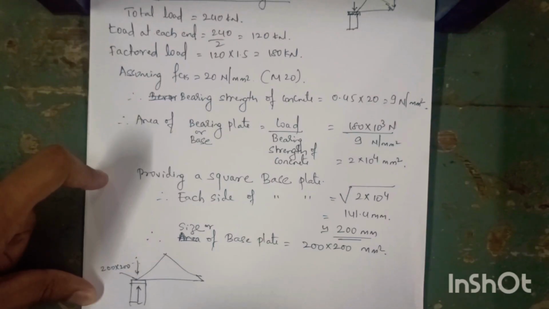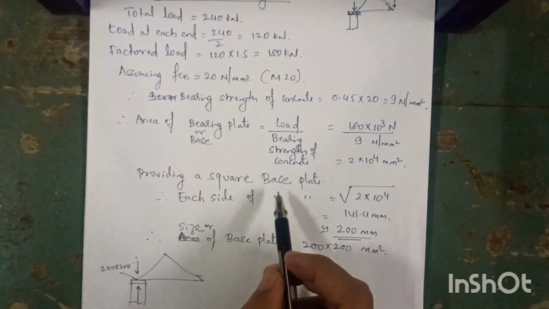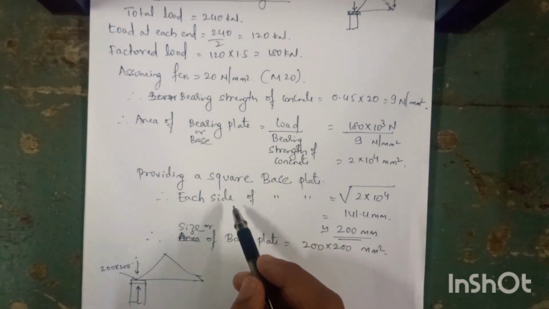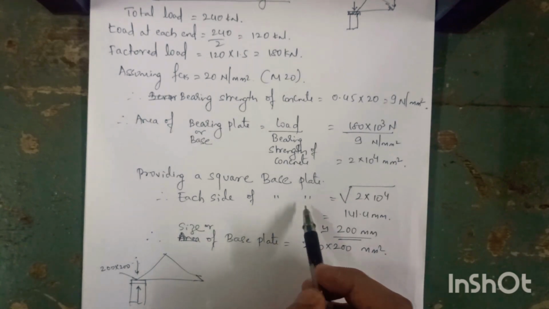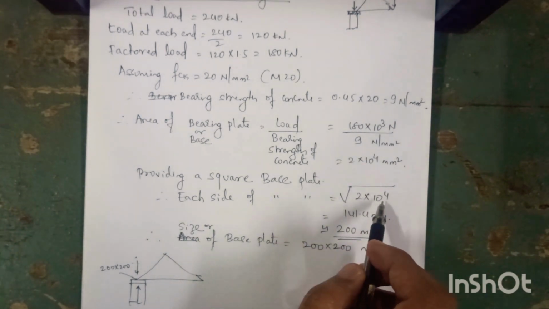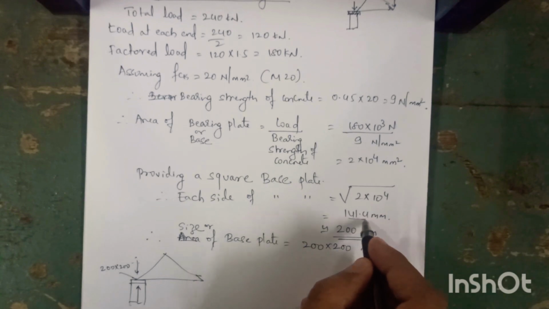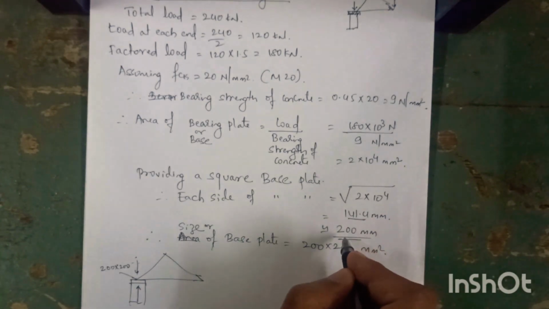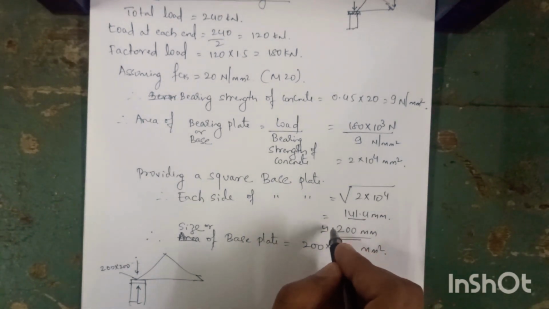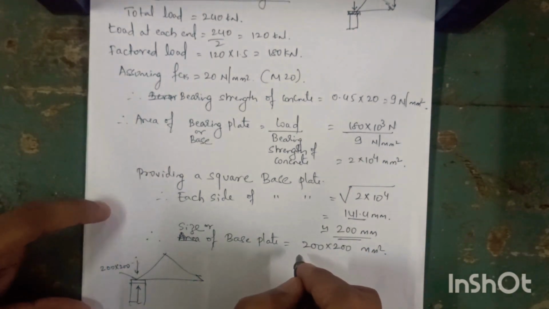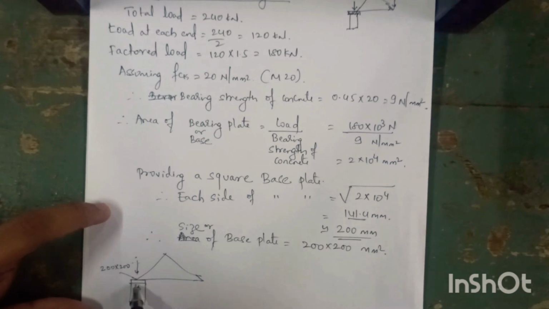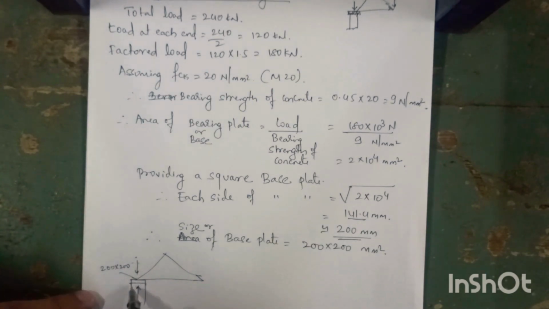Because we are providing a square base plate, each side of the base plate will be root of 2 into 10 to the power 4, which is 141. So we will be providing a square base plate of size say 200 by 200 mm. Now this base plate is provided between the truss and the support over which the truss is rested.